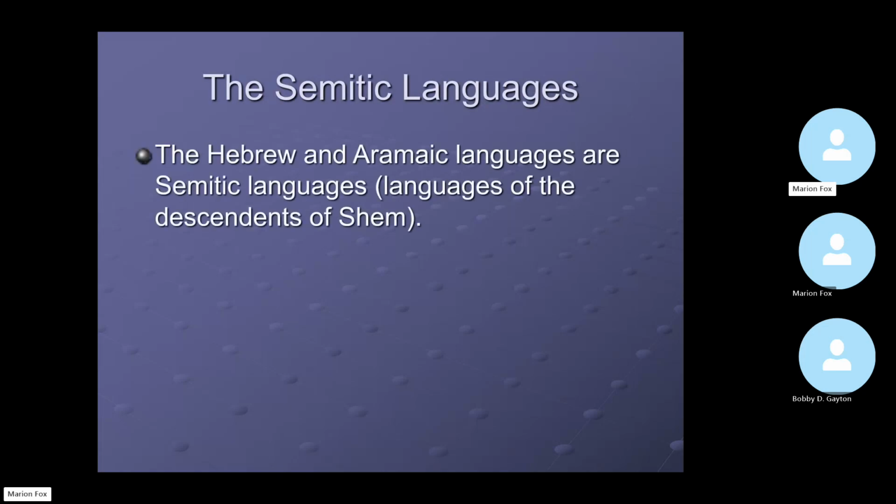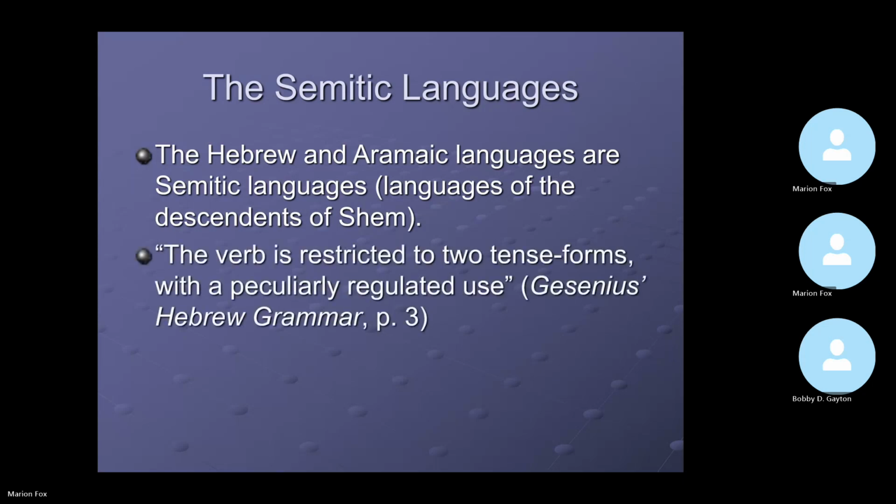The Hebrew and Aramaic languages are Semitic languages, and that means they're languages from the descendants of Shem. The people that speak these languages are by and large descendants of Shem. The verb in Hebrew and Aramaic is restricted to 2 tense forms.